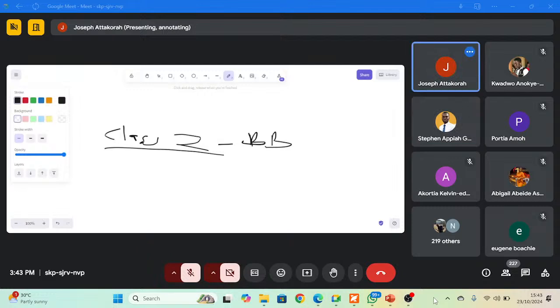Good. So beta blockers will be used to manage sinus tachycardia. Let me ask you, can you use beta blockers to manage atrial fibrillation? Yes or no?